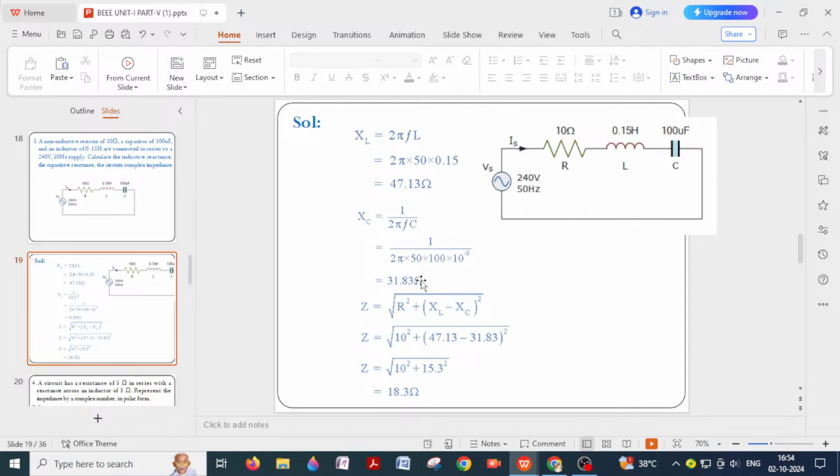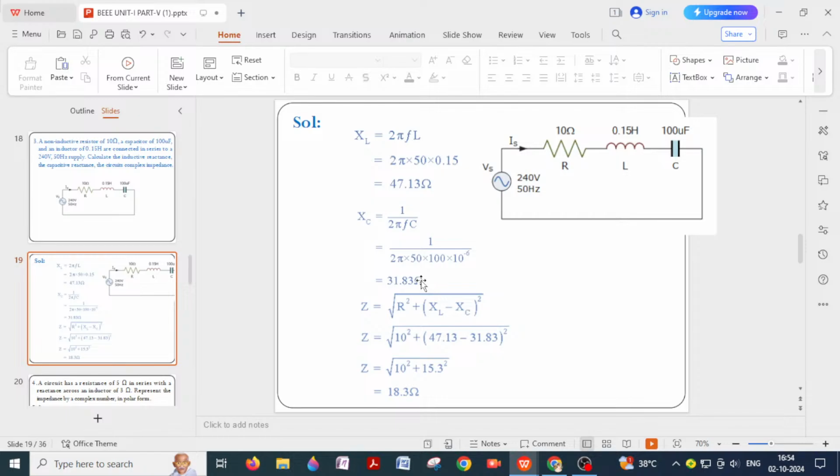So let us go to the next numerical problem. A circuit has a resistance of 5 ohms in series with a reactance across an inductor of 3 ohms. Represent the impedance by a complex number in polar form.